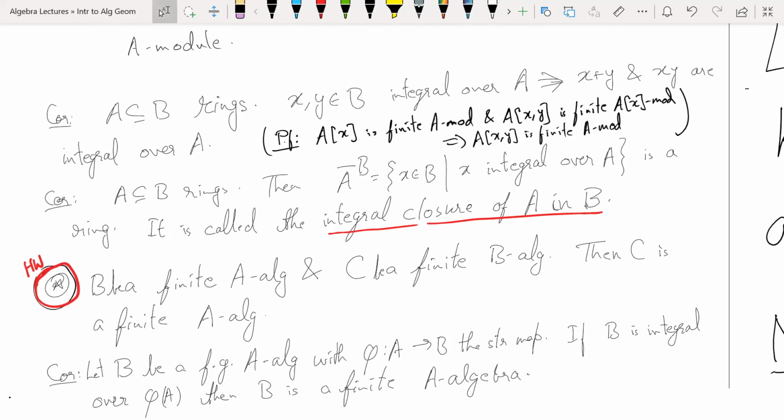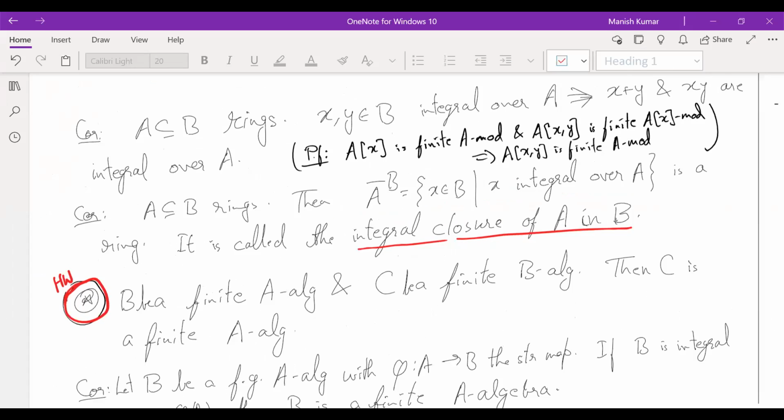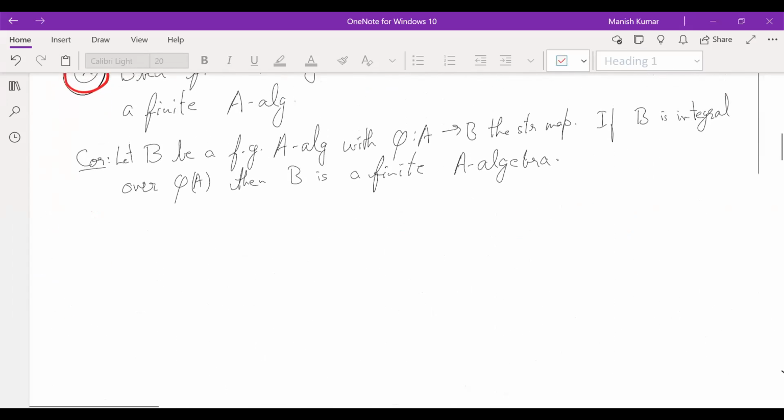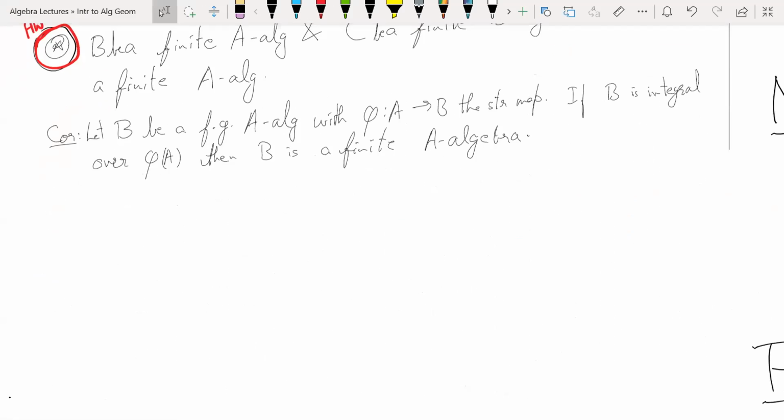Okay. So this homework I already talked about, and so finally, let B be a finitely generated A-algebra, with phi from A to B the structure map. So B being a finitely generated A-algebra means it comes with some structure map, a ring homomorphism.